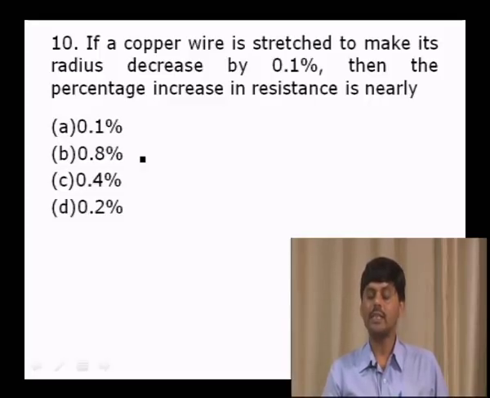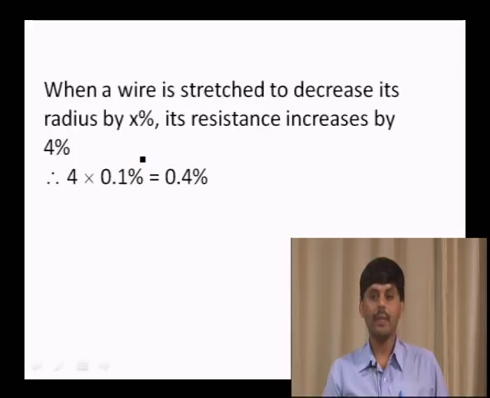If x% of radius is reduced, the new resistance will increase by 4x%. Taking the help of that concept, we can easily calculate this. Therefore, 4 into 0.1 is equal to 0.4%.